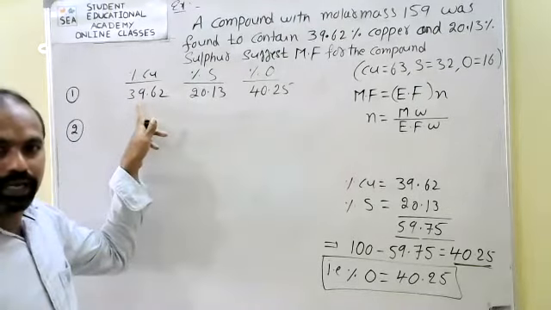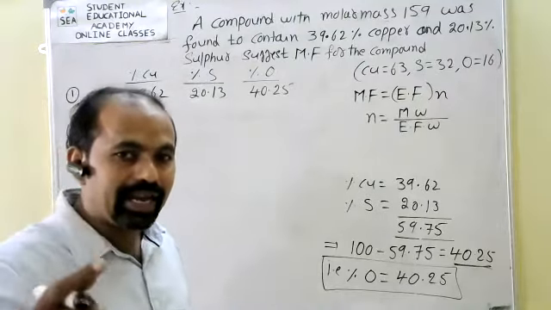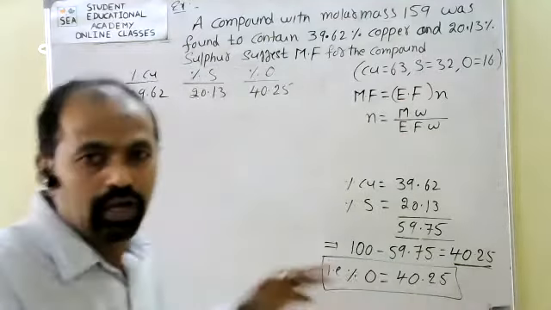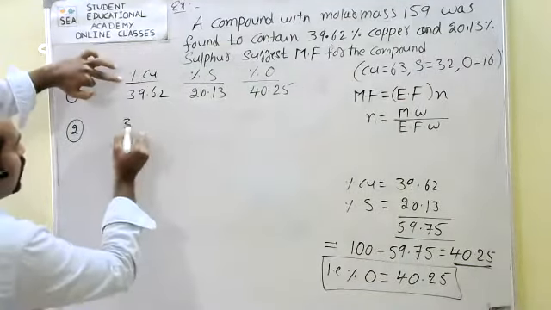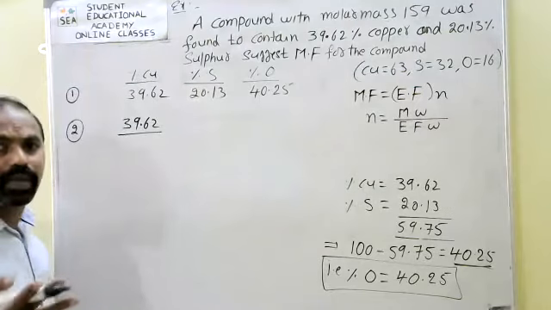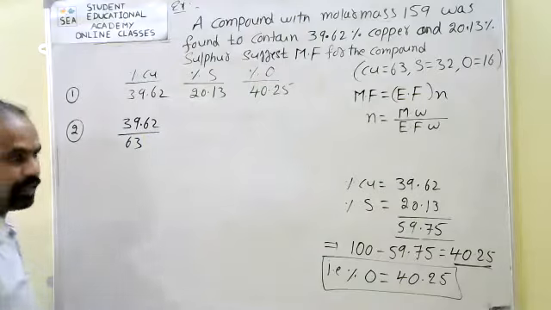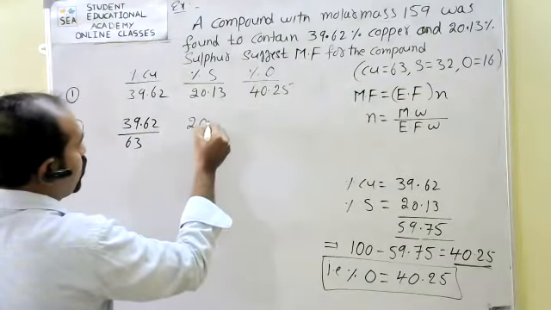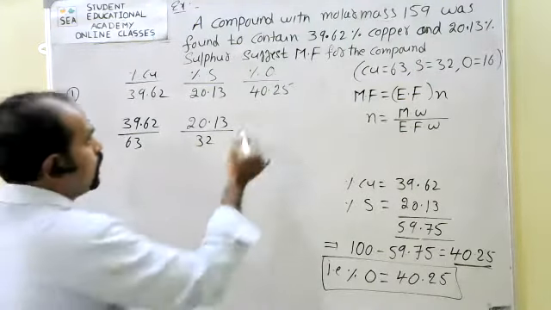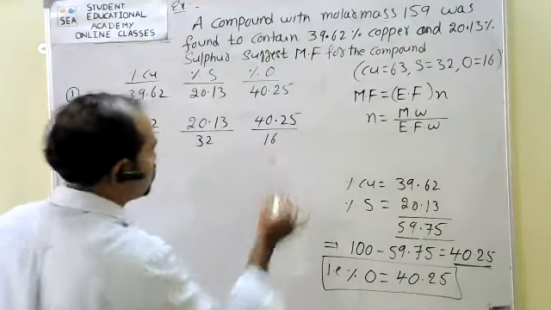For copper, 39.62 upon the atomic mass of copper, which is given as 63. For sulfur, the given percentage weight upon atomic mass 32. For oxygen, the given percentage weight 40.25 by atomic mass 16.